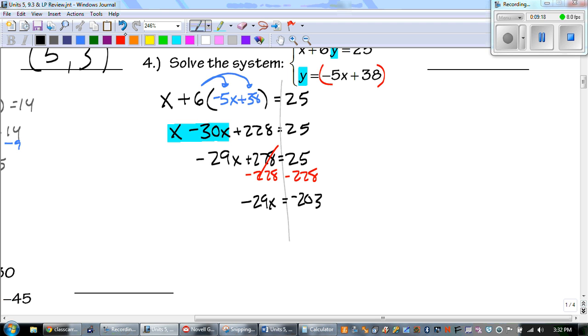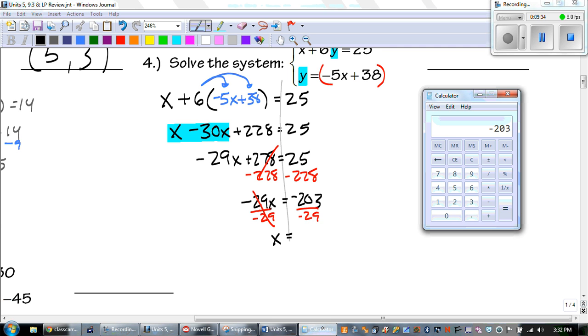Oh my gosh, they're big numbers. Don't worry about it. And to get the x by itself, we need to divide by negative 29. Okay, so if your calculator doesn't do negatives, just know a negative divided by a negative is a positive, and 203 divided by 29, and we get 7.